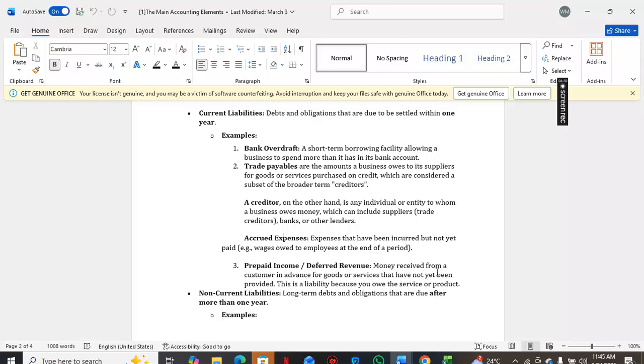Thank you. We're just looking at liabilities, what you owe. We're looking at the current liabilities, what you owe and must be paid within a year.